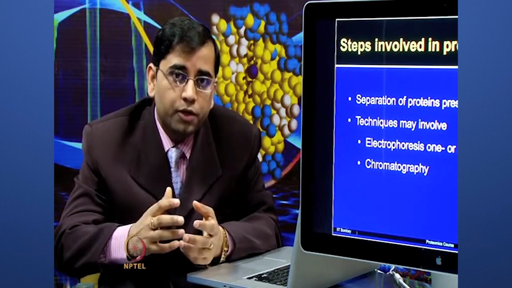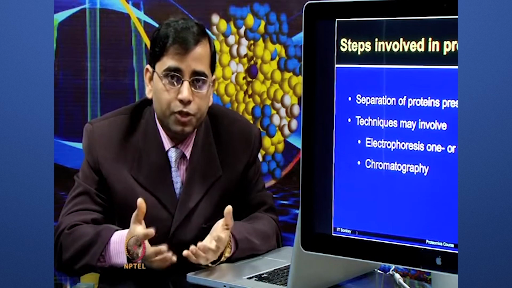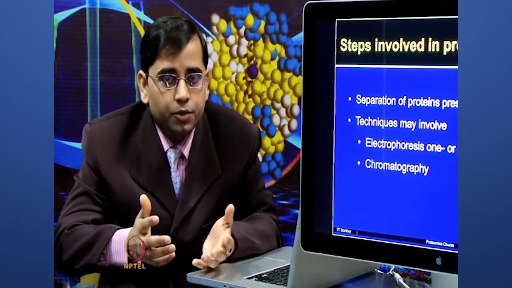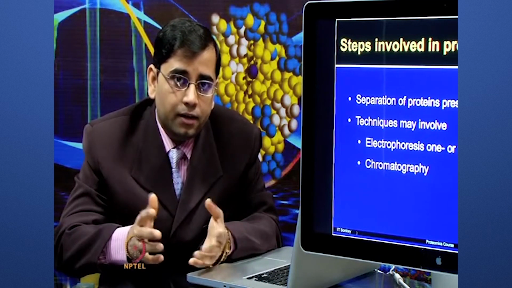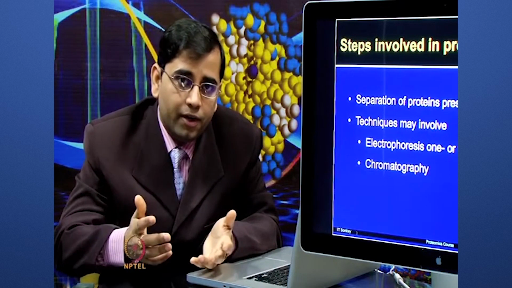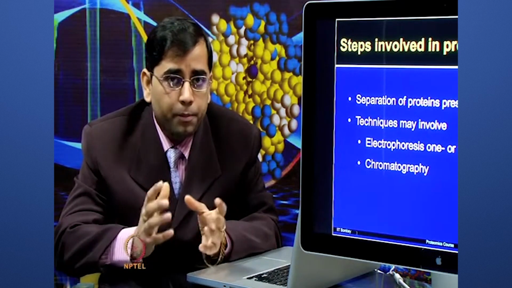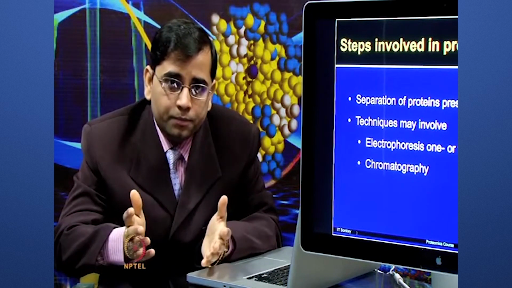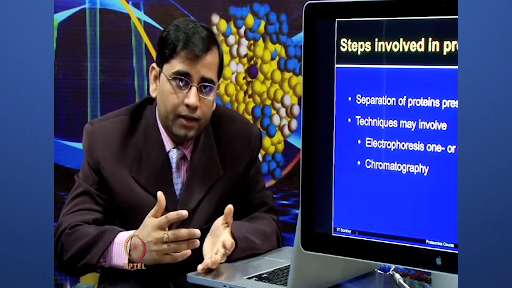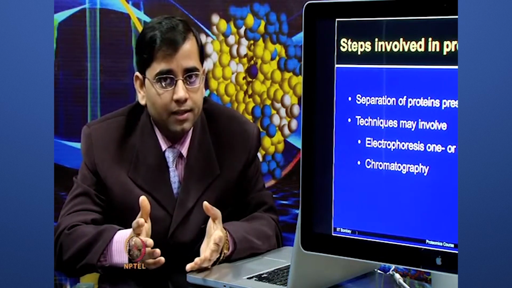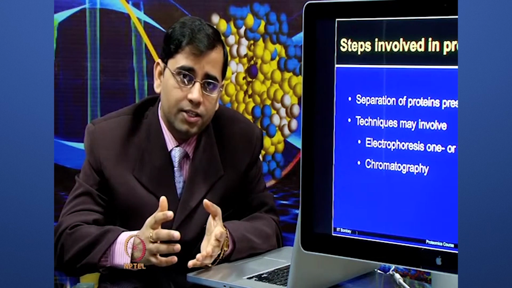If you want to resolve a very complex mixture of proteins obtained from whole cell lysate or tissue or the cell, which contains thousands of proteins, at that time you can try different types of pre-fractionation methods involving different chromatography, as well as different types of advanced electrophoretic methods such as two-dimensional electrophoresis or DIGE.